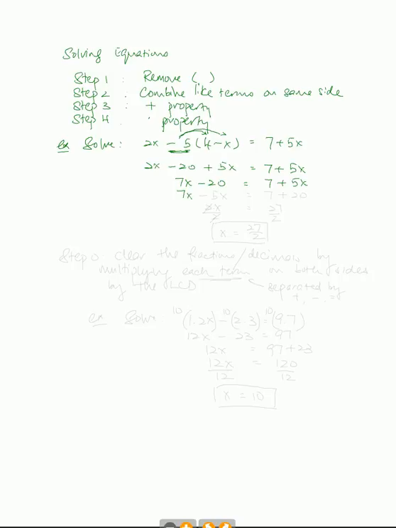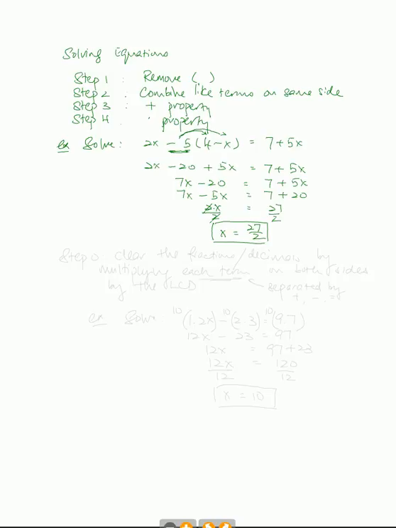So 7x is on the left, and so that stays, but the positive 5x is being brought over, and the minute you cross the equal sign, it changes to minus 5x. 7 stays, and minus 20 when you cross the equal sign becomes plus 20. So on the left, you now have 2x, and on the right, you now have 27. And what attaches the 2 to the x is multiplication. So to detach that, you have to divide both sides, which gives you x equals 27 over 2, and that's your answer.